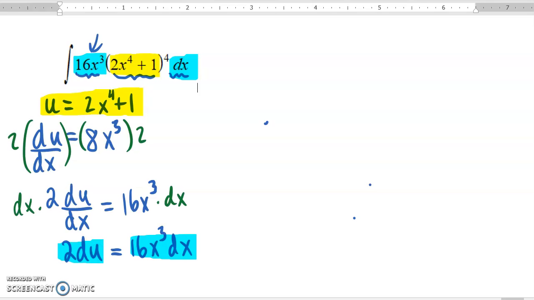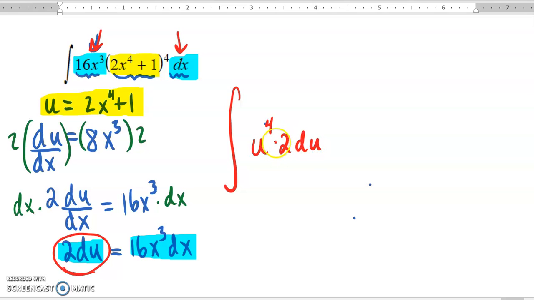So I'm going to go ahead and rewrite my function now. The inside function first, I know that's going to be u to the power of 4. And then the blue pieces, the outside function, is going to end up being 2 du.